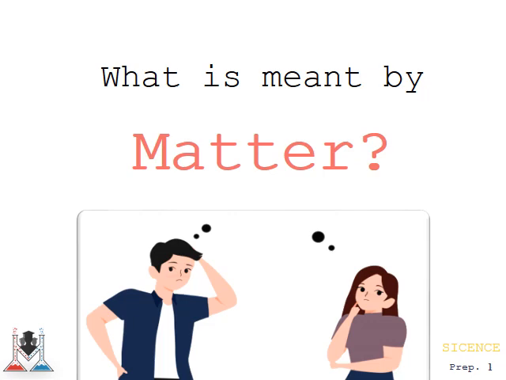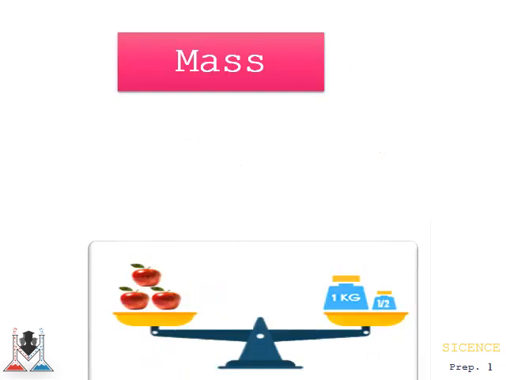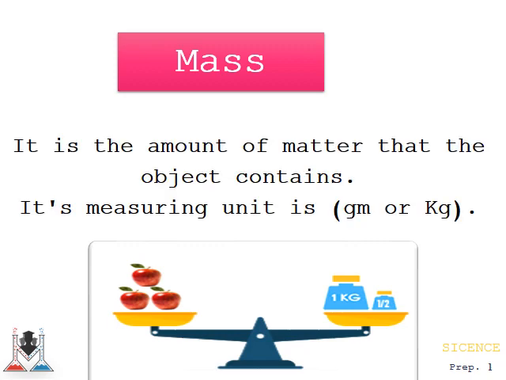So let's prove it. To understand what is meant by matter, we need first to know what is meant by mass and volume. Mass is the amount of matter that the object contains. Look at this picture.